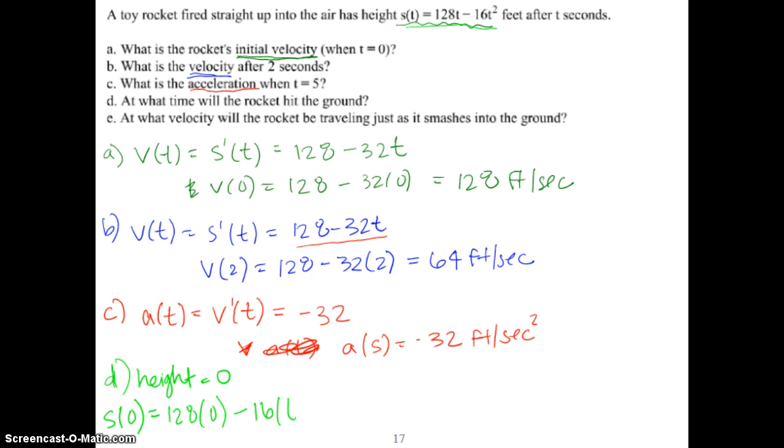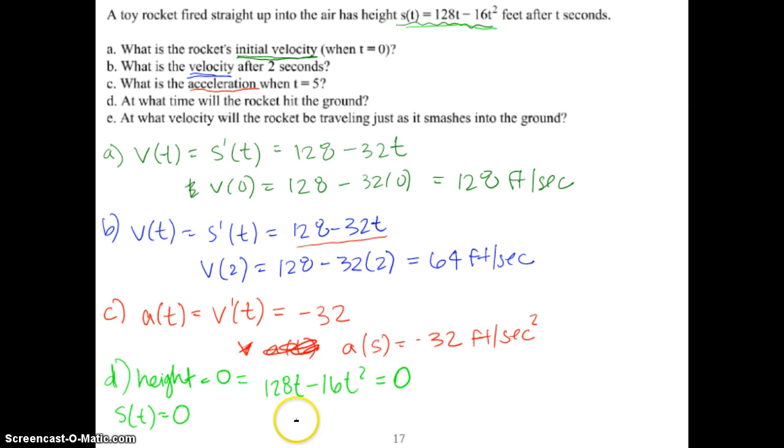When the height is 0, that means s of t has to be 0. So we're going to set this function equal to 0: 128t minus 16t squared equals 0, and see what time gives us a height of 0.